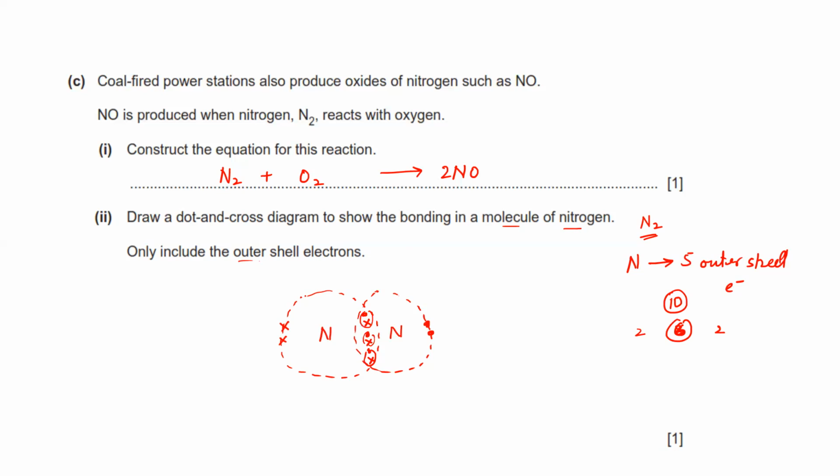So the 2 nitrogen electrons will stay here in this shell, on this side. They will not participate in the bonding. Whenever the nitrogen molecule is bonded, 3 of the electrons from each nitrogen atom will be responsible for pairing up with the 3 electrons from the other nitrogen, such that in an outer shell the number of electrons will not be more than 8 at a time.